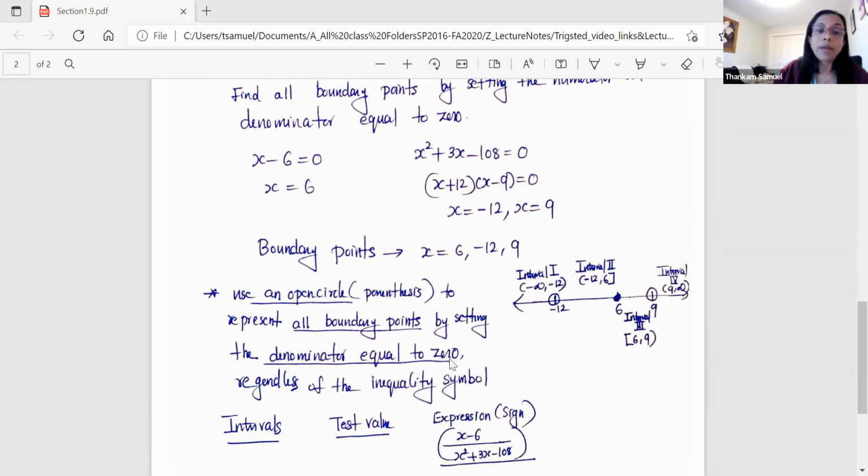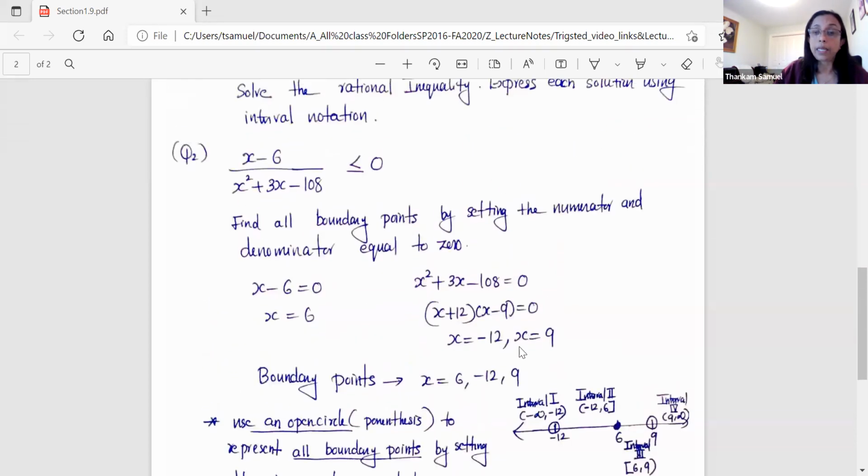So you always need to use parentheses for all boundary points in the denominator. That means the boundary points in the denominator are not included in the solution set. If you use a bracket, that means these points are included.